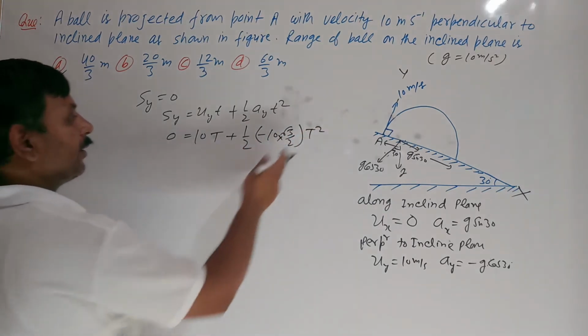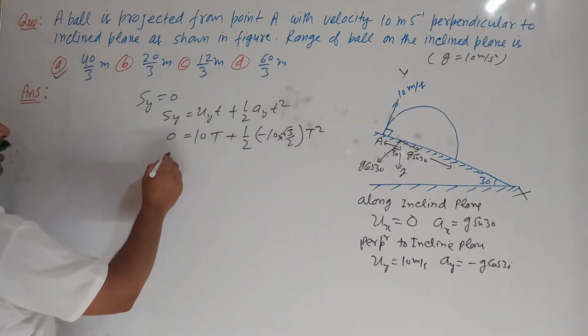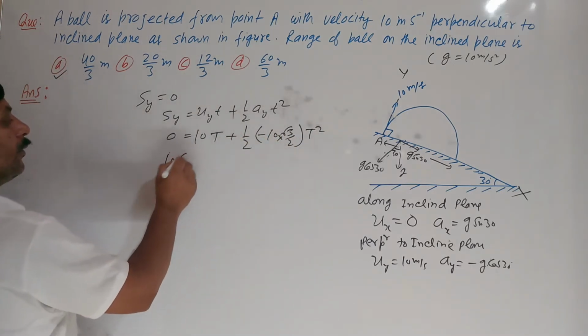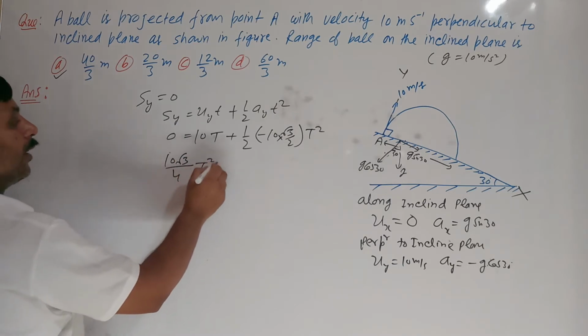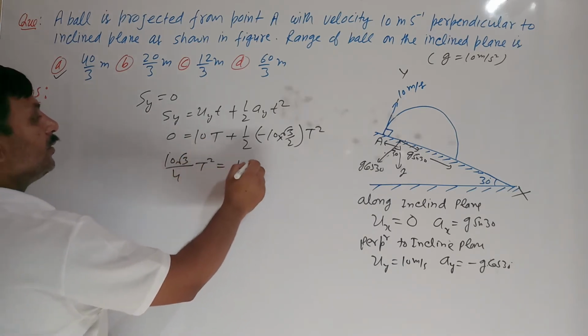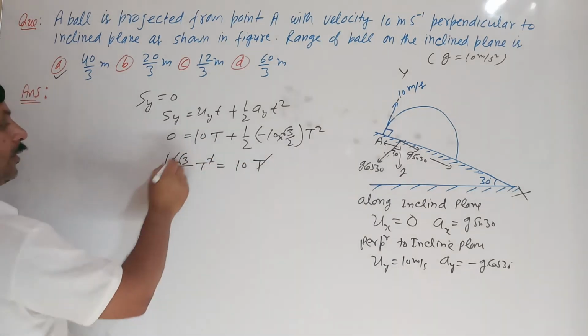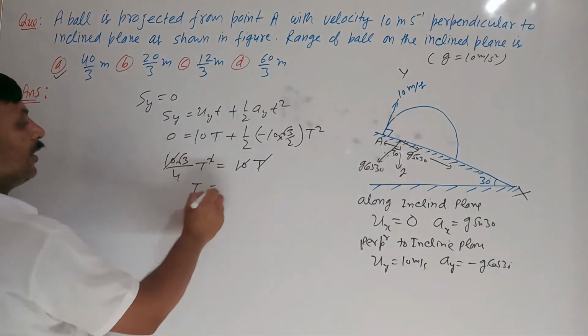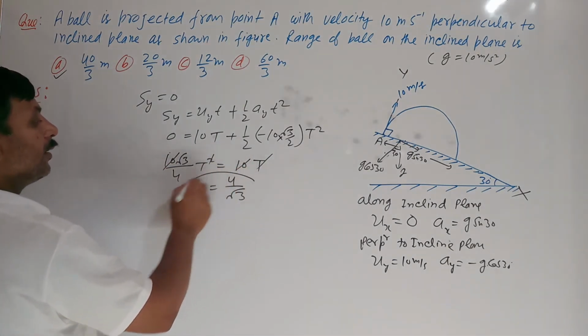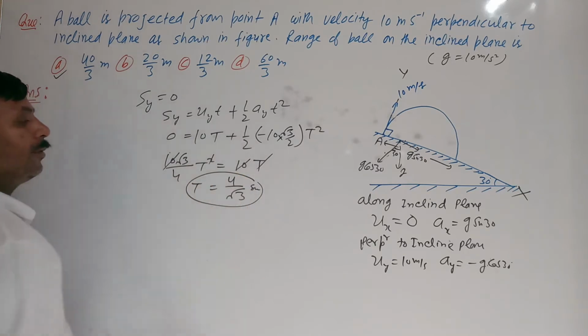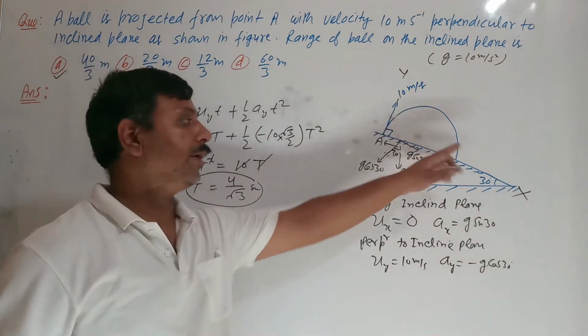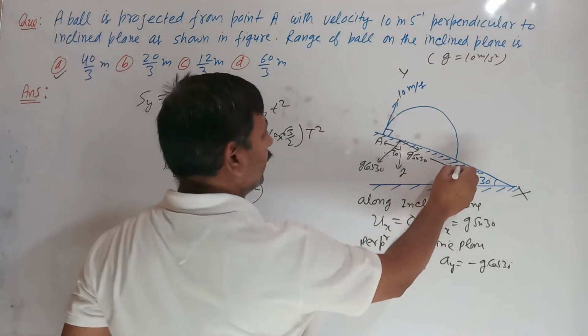You can see here 10 root 3 upon 4 t square is equal to 10 t. So 10 cancels, so t is equal to 4 upon root 3. So this will be the time of flight from A to, suppose this point is B.